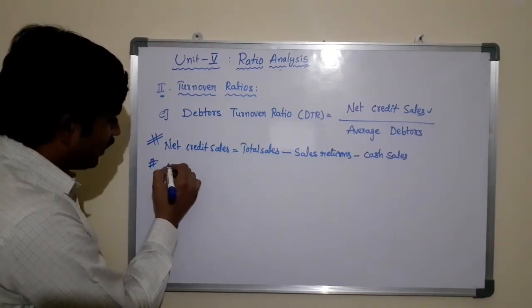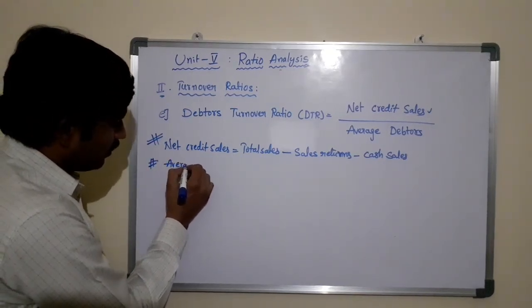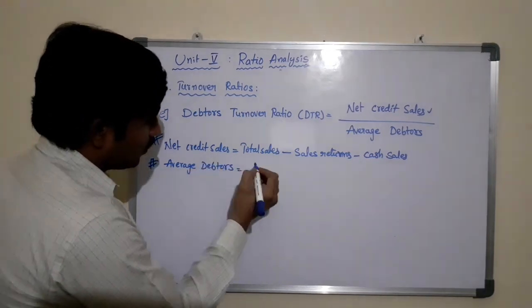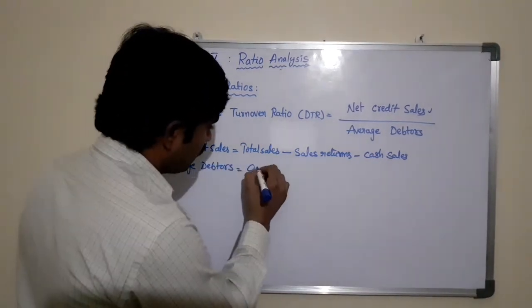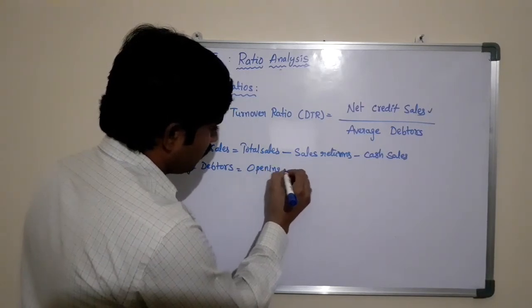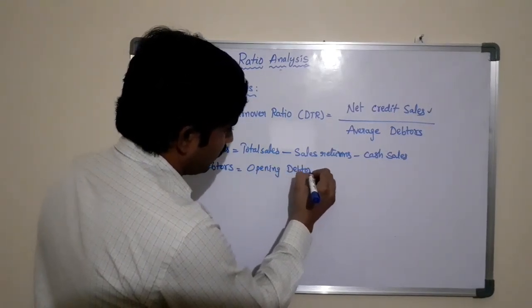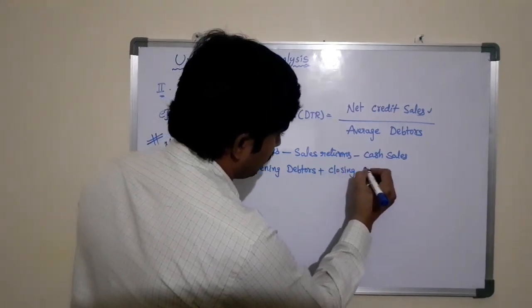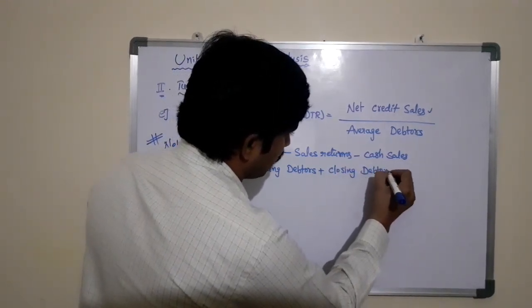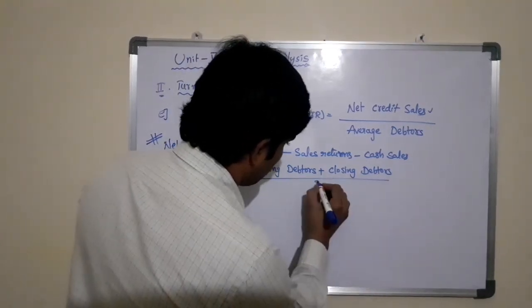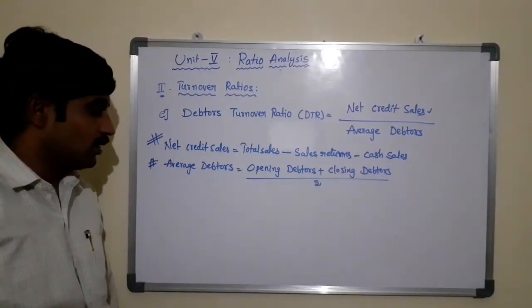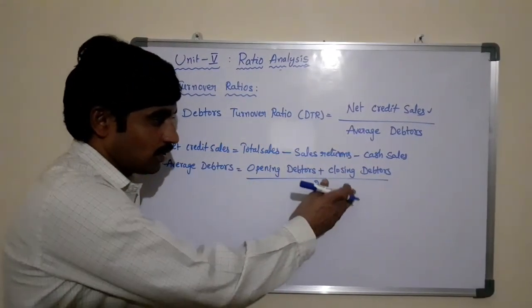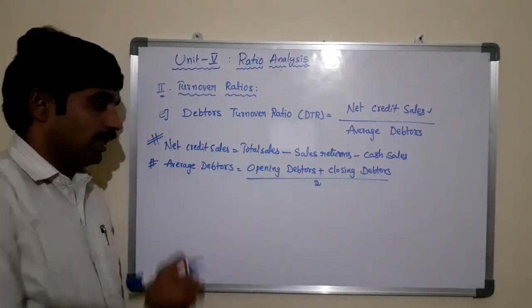Here the second variable is average debtors. Average debtors equal opening debtors plus closing debtors by 2. The average of the two debtors is known as average debtors.